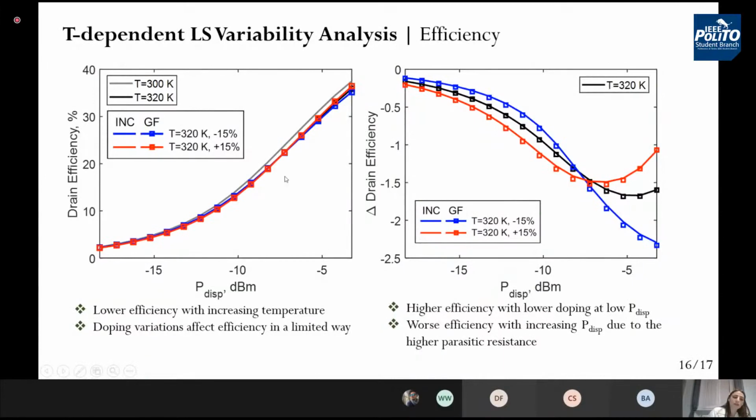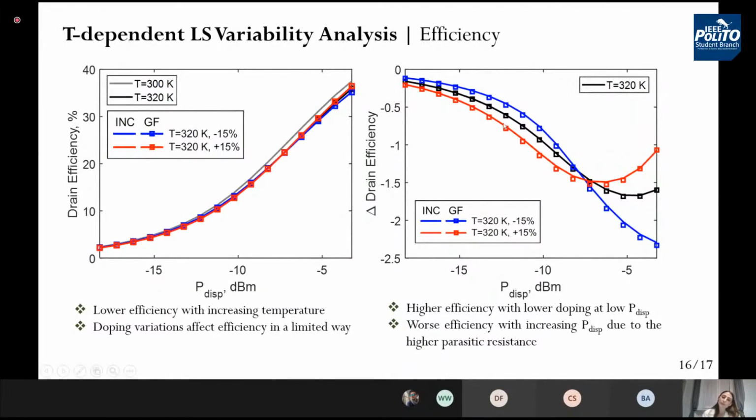To conclude, there is the stage efficiency of the power amplifier. In particular, on the left, we have the drain efficiency, which is reduced by the temperature increase, but not very affected by the doping variations.